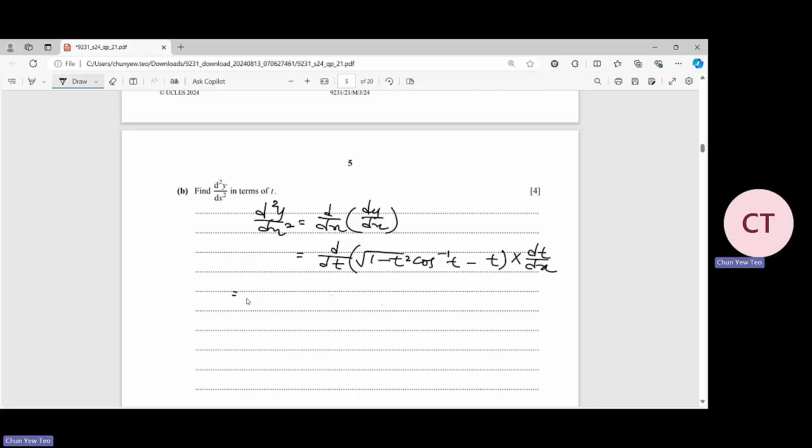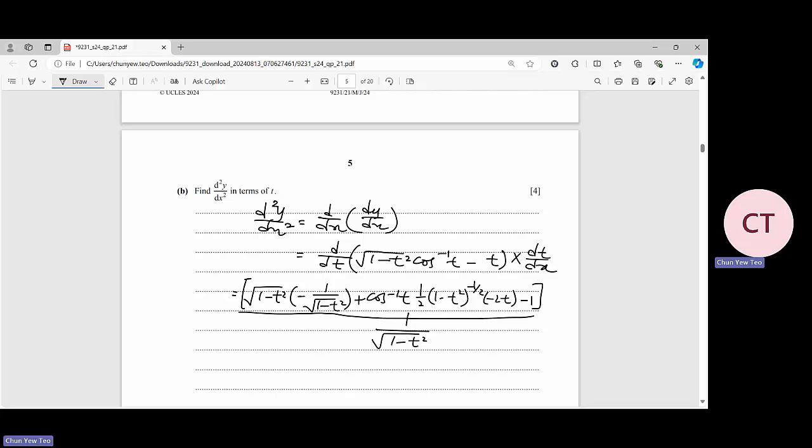So this one, I write a bit in front. Keep the left, differentiate the right, plus keep the right, differentiate the left. Then differentiate the last one, negative t, you get negative 1. Multiply by dt dx, which is the same as dividing by dx dt. Because of the space constraint, I will just put it as divided by dx dt.